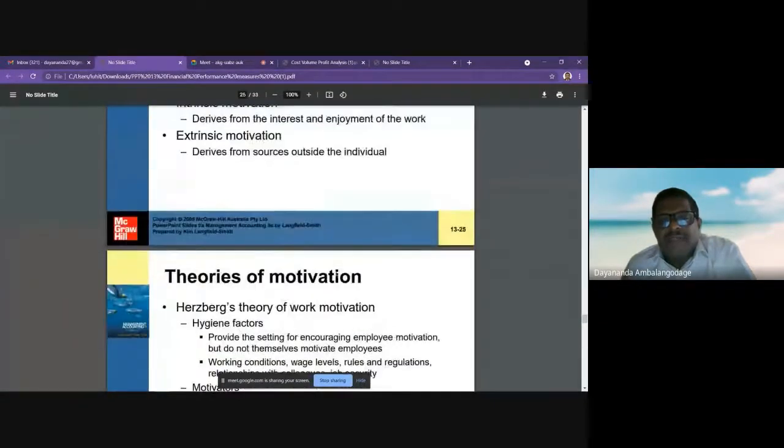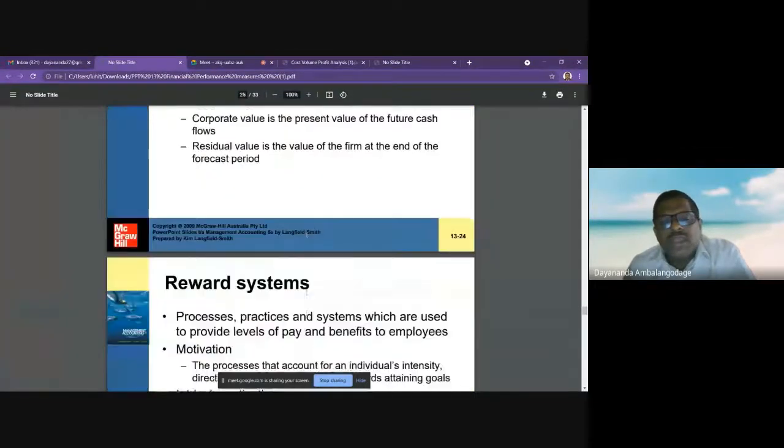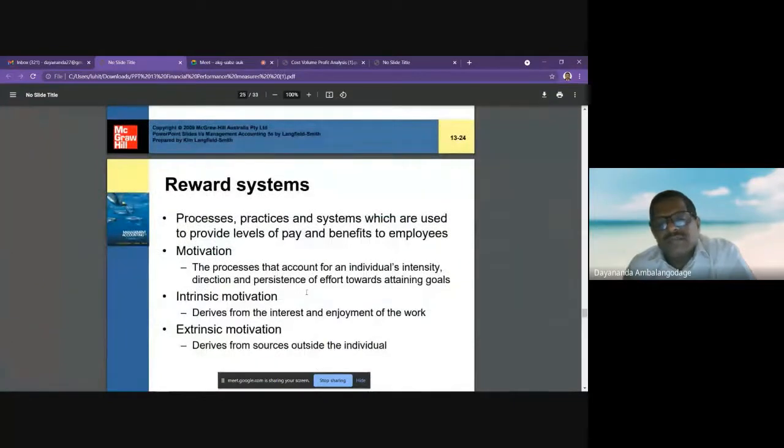Under performance measurement, we discussed three techniques basically: return on investment, residual income, and economic value added. We also discussed shareholder value from the DCF technique perspective. Then we discussed the reward system.